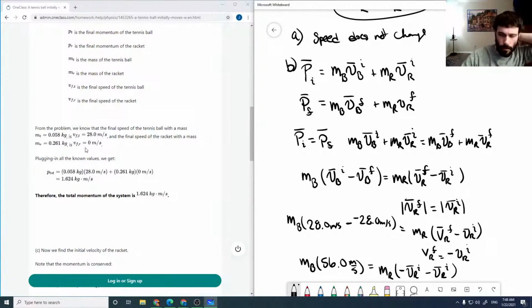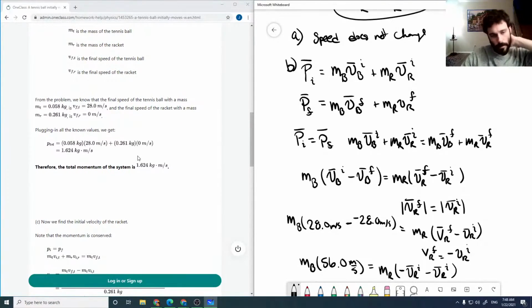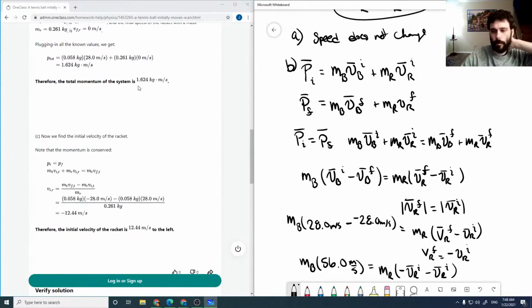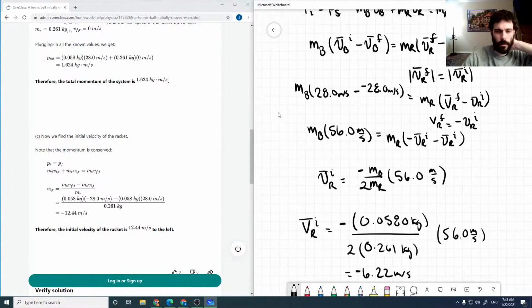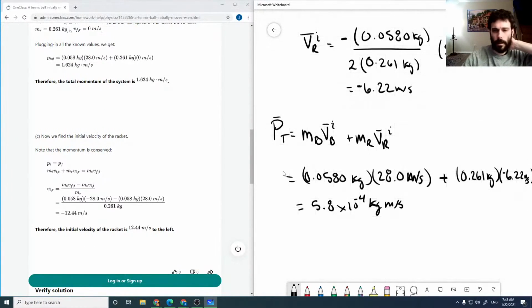They've set it to 0, but that doesn't make any sense, because if the speed isn't changing, then why would it be 0? That sounds like the speed is changing. And so the total momentum is 1.6, so that's a little high, since I've got 5.8.